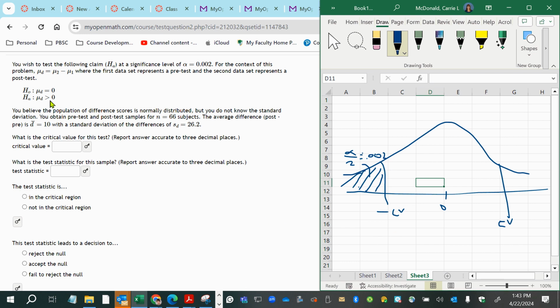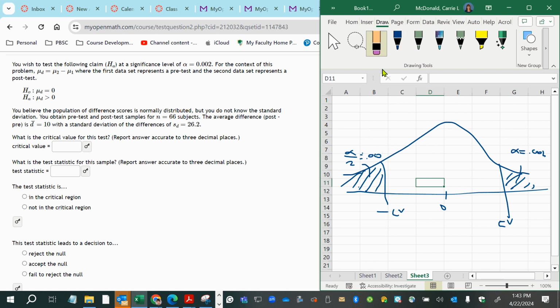But since this one is a right-tailed test, I'm not going to have the two critical values. Since I only am going to have one tail on the right and not the left tail, I'm only going to have a right tail with all of the significance level in that single tail. So it would be 0.002, and I meant to put 0.001 over here, which would be half.